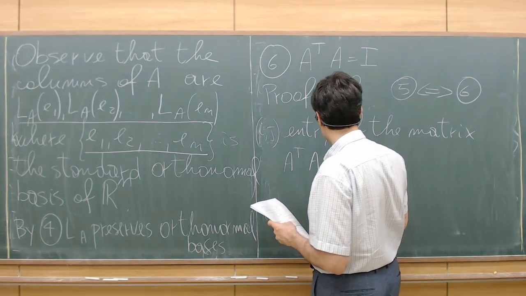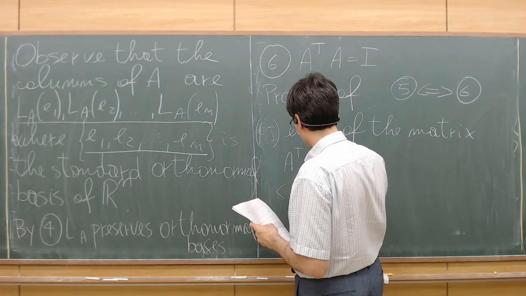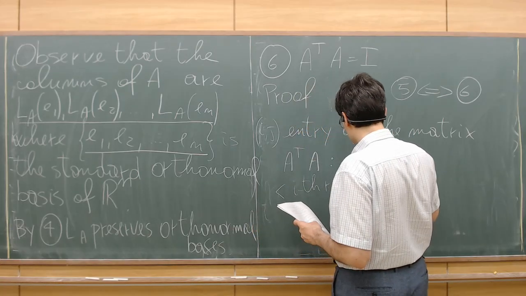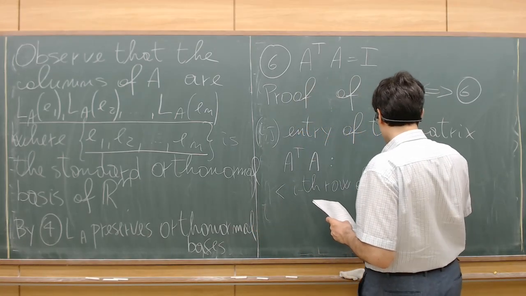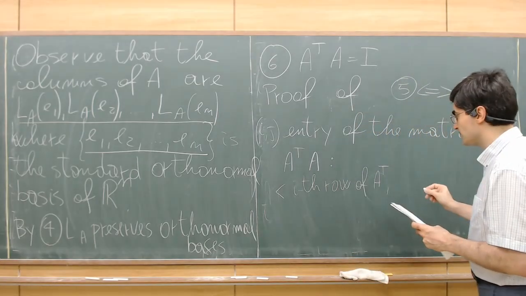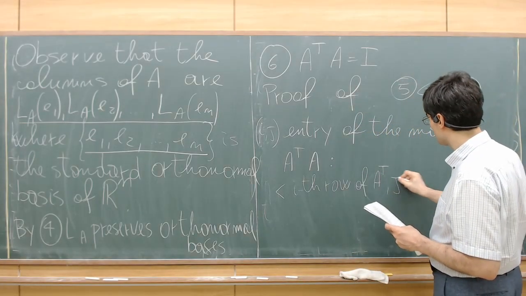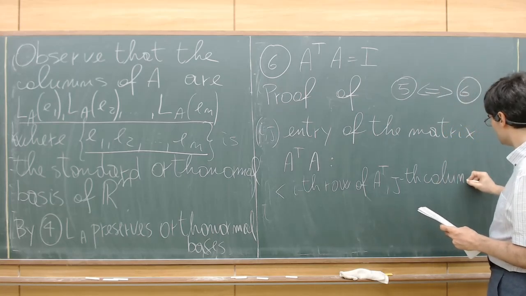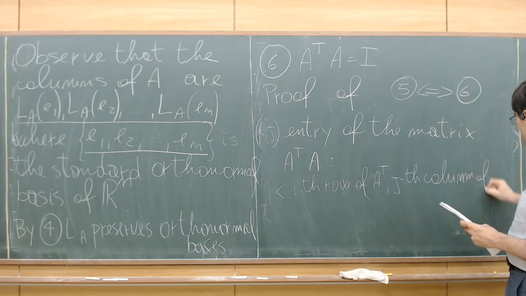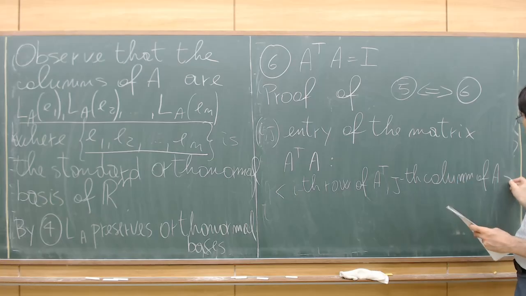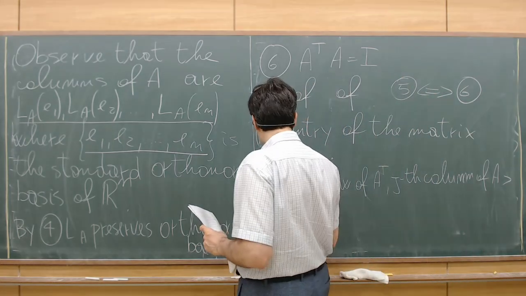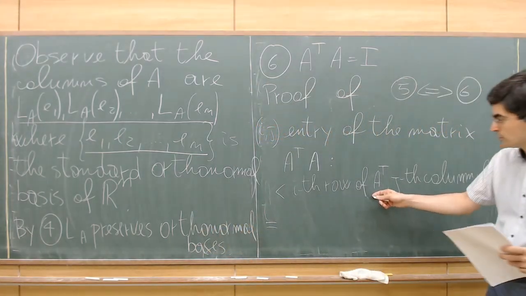This is the inner product of the ith row of A transpose, and you multiply it by the jth column of A. So this follows from the definition of product. I did nothing. And now we use the definition of transpose.